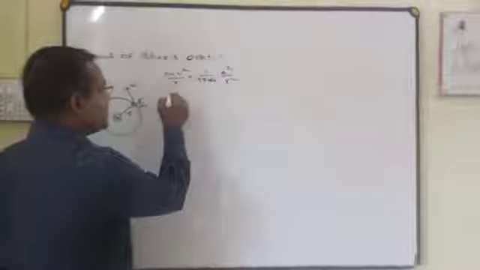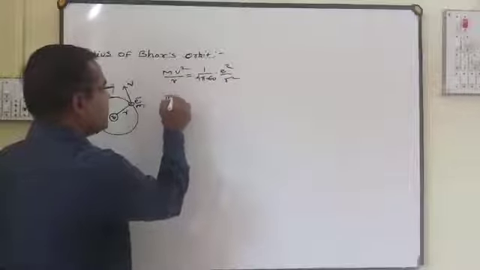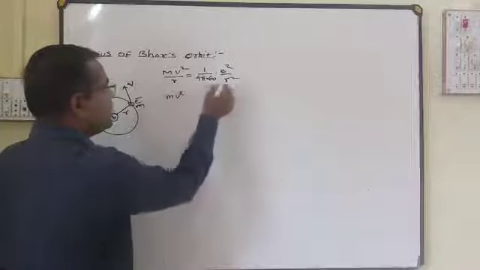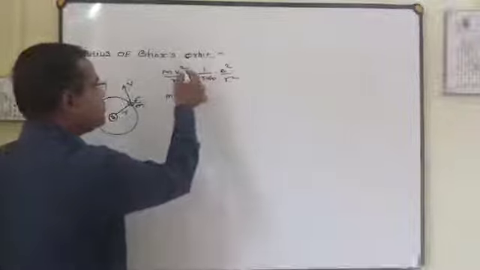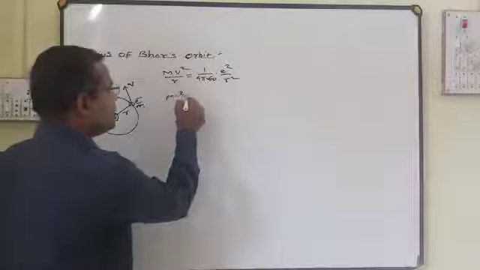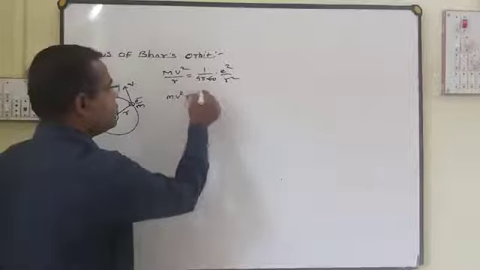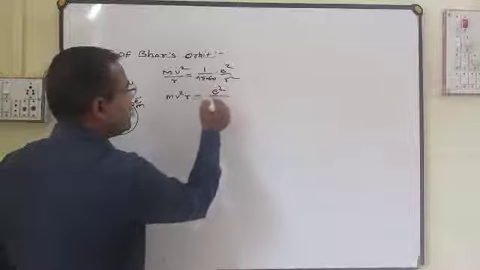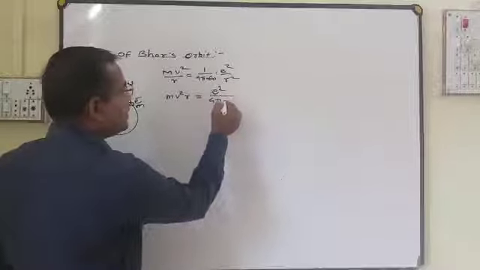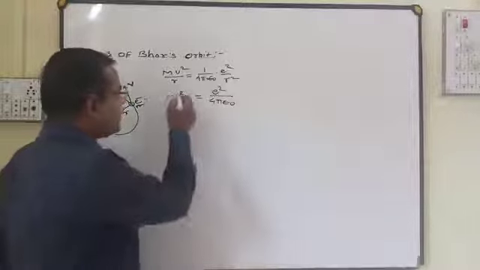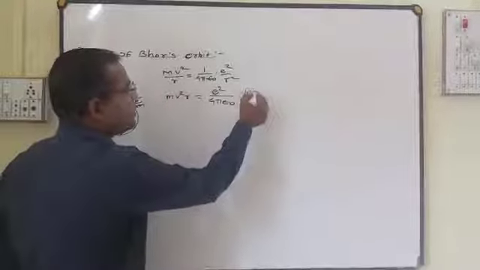We transpose this r square to this side, so it becomes m v square into r; one r gets cancelled, so it becomes m v square r is equal to e square divided by 4 pi epsilon naught. Call it equation number 1.